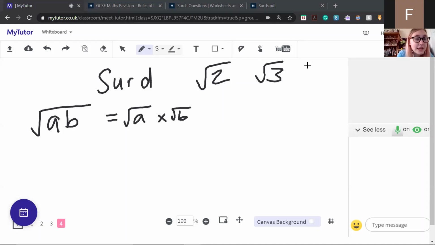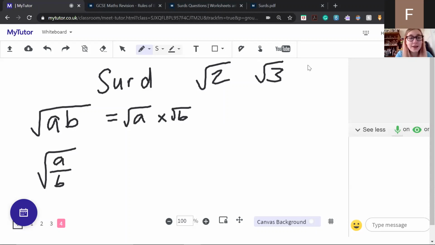Then similarly, if we've got root A over B, that's the same as root A over root B. So we've got these really nice things that we can do here. Cool.